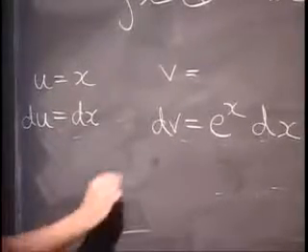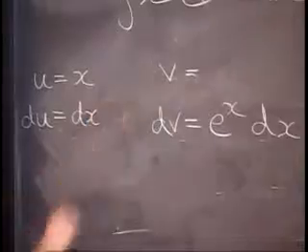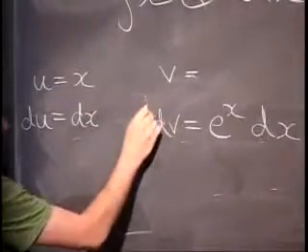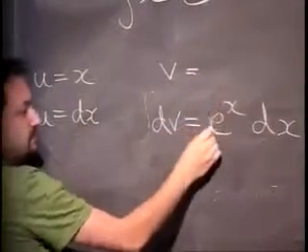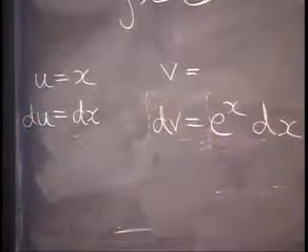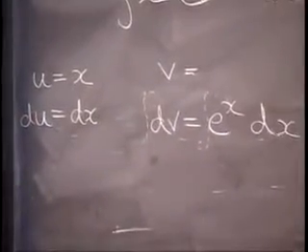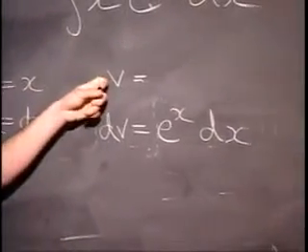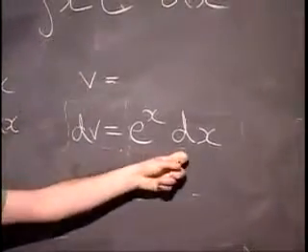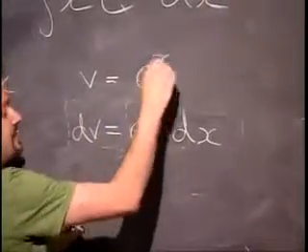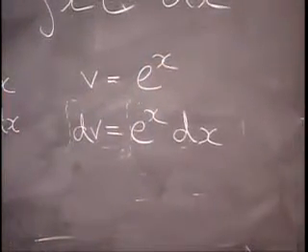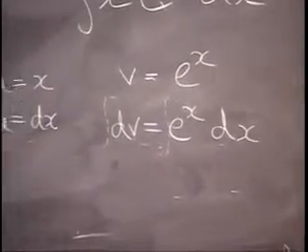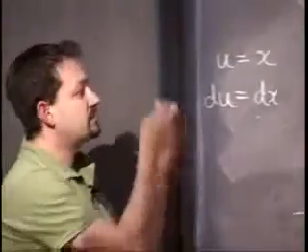But how do you get from dv up to v? You mentally integrate. You normally don't write it there, but I want you to imagine ghostly integral signs over here. The integral of dv is just v. The integral of e to the x dx is just e to the x. And you could put a plus c, but it turns out that the c doesn't get you anything. You can try it if you like. Work the entire example through, but where instead v is e to the x plus c, and you'll see that the constant just goes away.